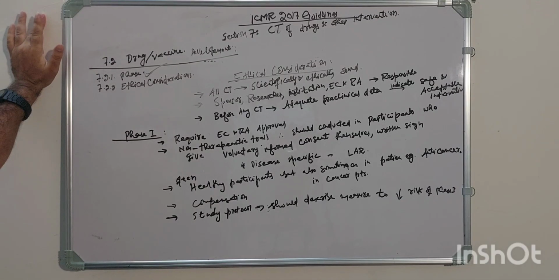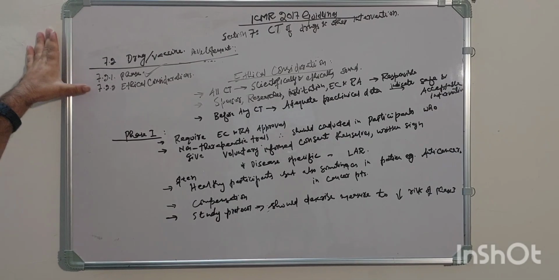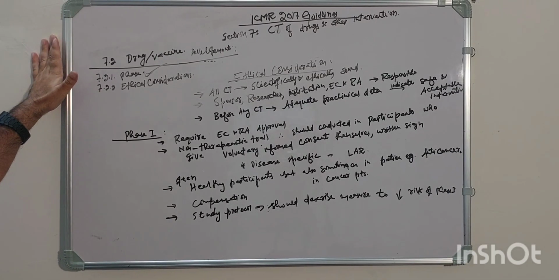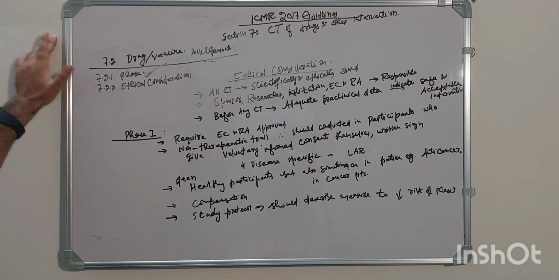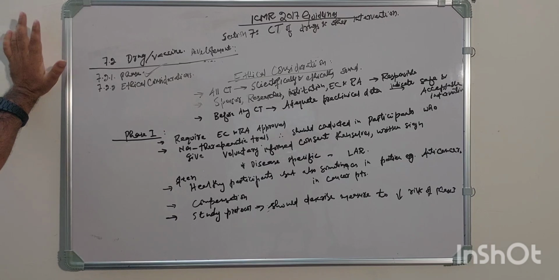After the phases of clinical trials, the second thing they have mentioned is the ethical considerations. See, first, the clinical trials definition was given. In the second chapter, we can say, they have given the aims of drug and vaccine development.